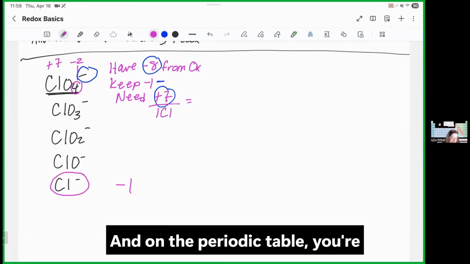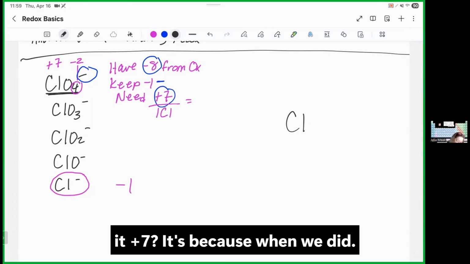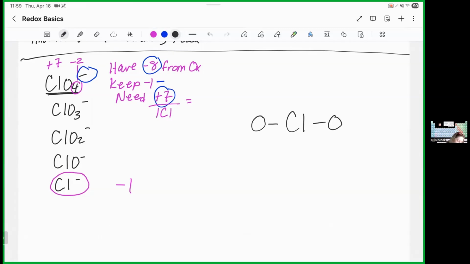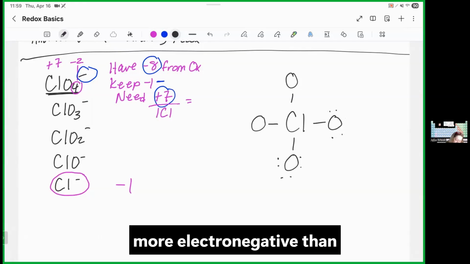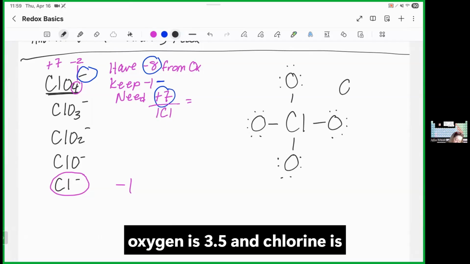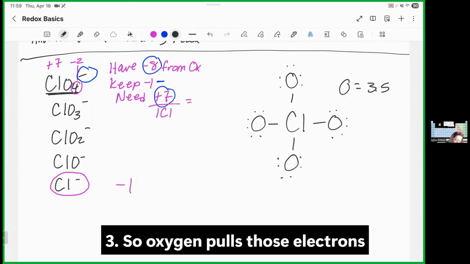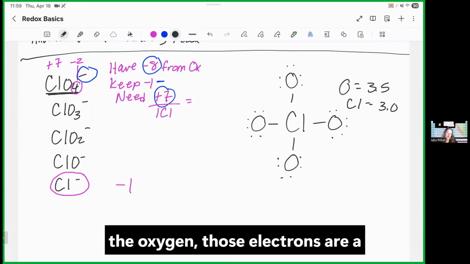Okay, and on the periodic table, you're thinking, well, chlorine is -1. Why is it +7? It's because when we did the Lewis dot structures, okay, oxygen is more electronegative than chlorine is. Okay, oxygen is 3.5 and chlorine is 3. So oxygen pulls those electrons away from the chlorine.